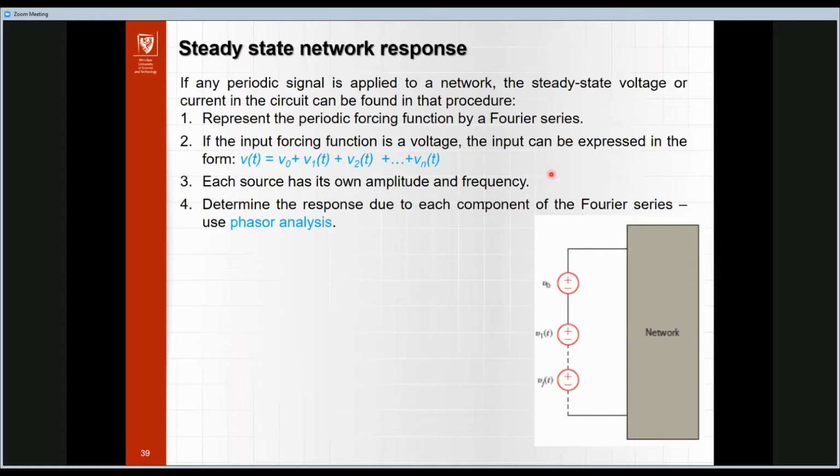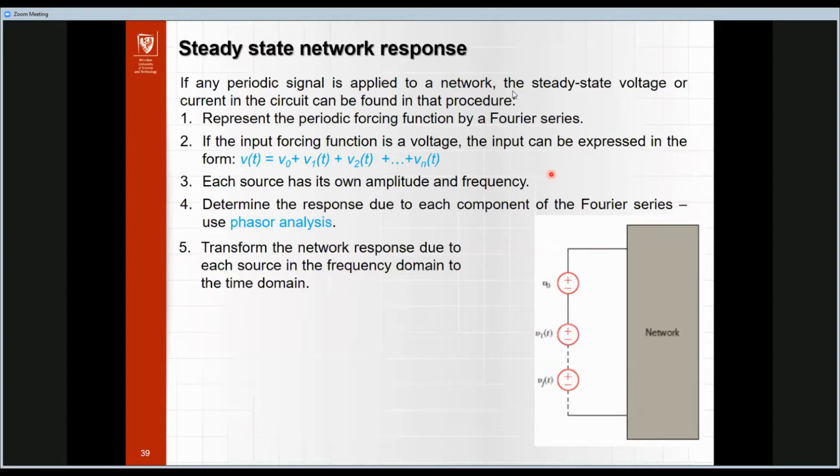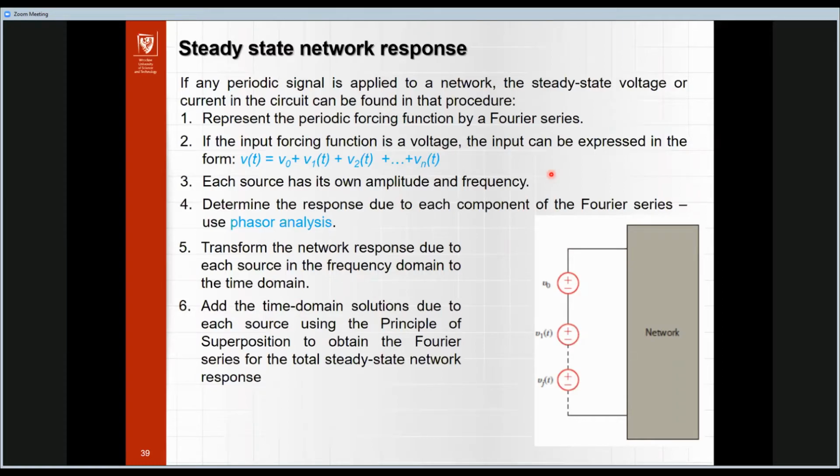So we can take into account the sources separately: we determine the response from the first source, then the second, third, etc. And of course we use phasor analysis, because all sources are sinusoidal type sources, and we transfer the network response due to each source from the frequency domain to the time domain, using the principle of superposition to obtain the Fourier series for the steady-state network response.